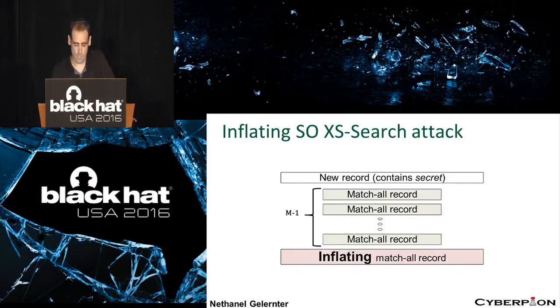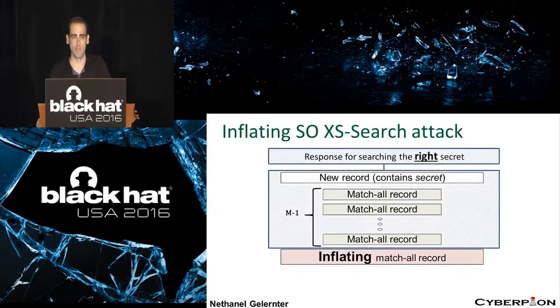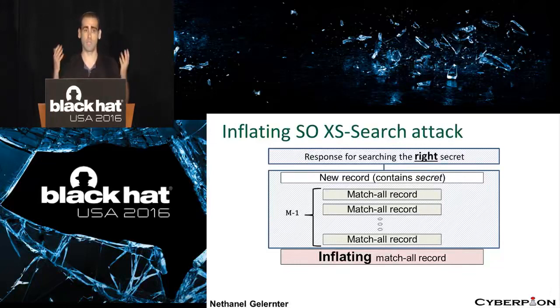When the attacker sends a search request that asks for a set of values where at least one of them matches the secret, then the response that will be returned will have m entries, and the first entry will be the newest entry, the record with the secret. The other m-1 records will be the match all records. And of course the size of such a response is just normal. This is a normal response.